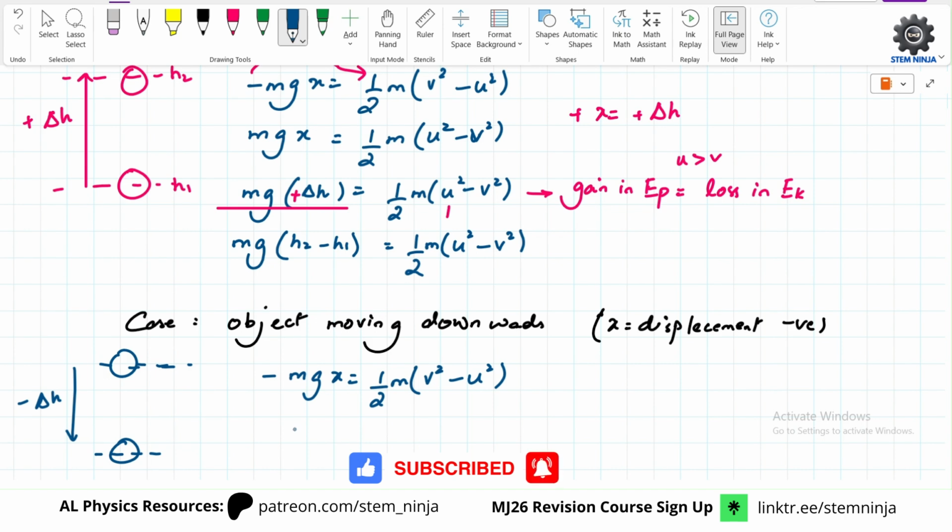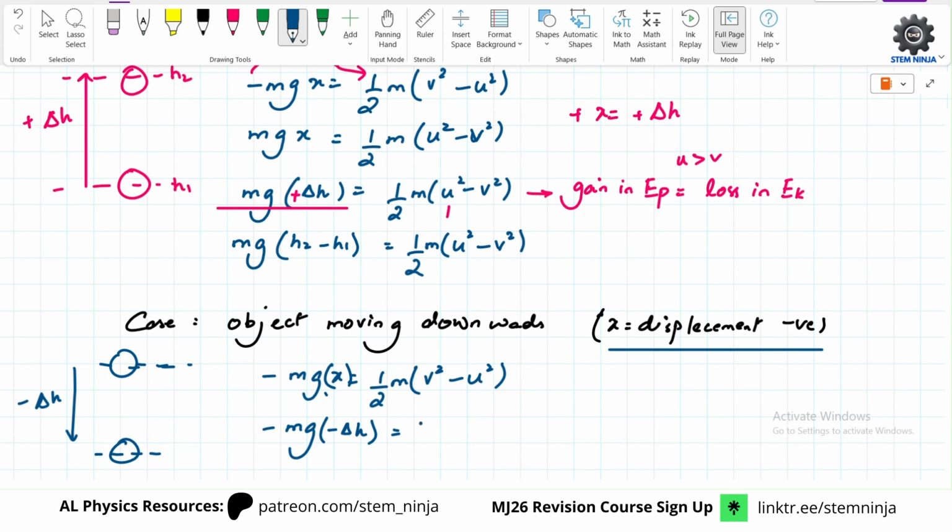right? So what we would do simply is we just keep it as it is, because when you have a negative displacement, this thing will already become negative. So this would be minus delta H, and this would remain as it is, v squared minus u squared.